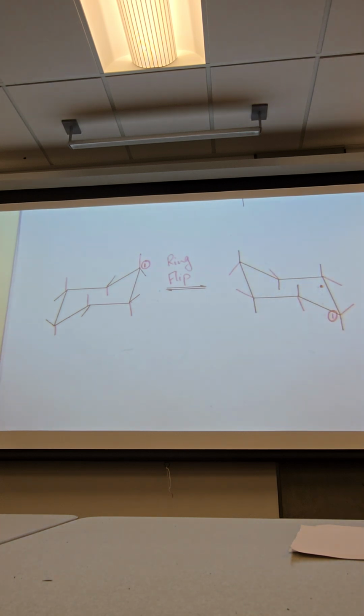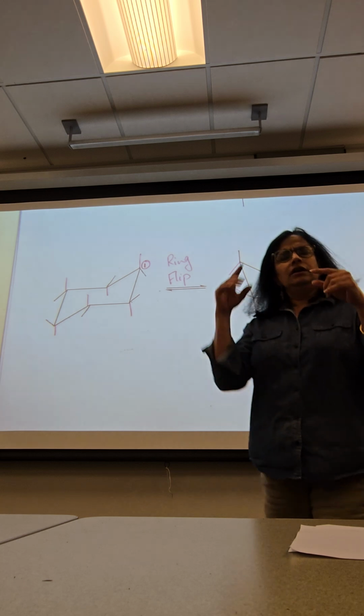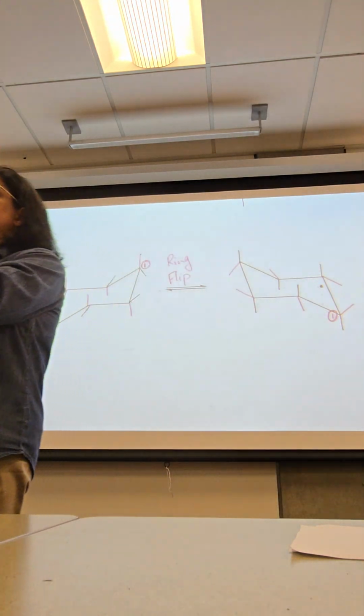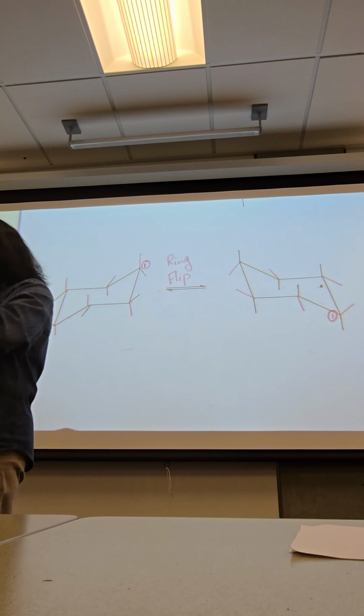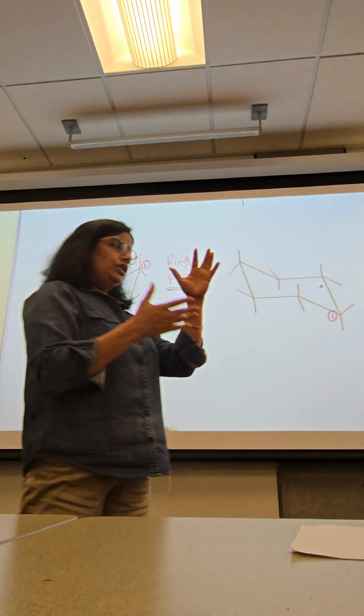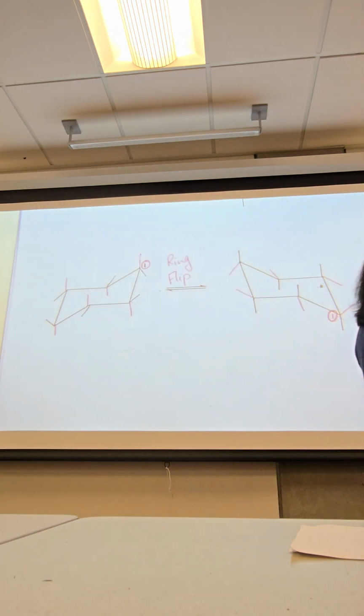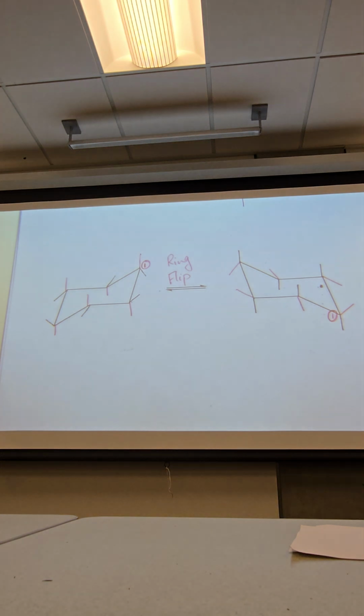So whenever we say cyclohexane, your brain should tell you chair. Whenever we look at cyclohexanes in whatever context, in our minds we should see it as a chair, because that's the most stable form for cyclohexane to be in. So whenever a chair cyclohexane undergoes ring flip, here are the things to note.